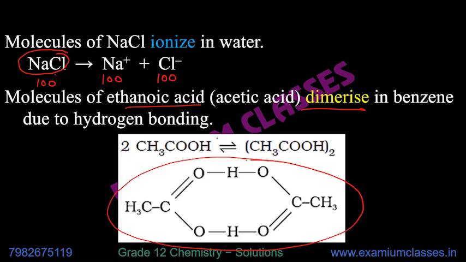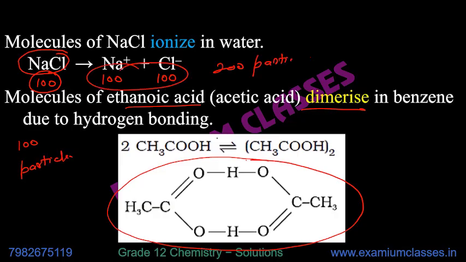Your molar mass calculations were on the basis of only 100 particles, but in reality, there are 200 particles. And colligative properties depend on the number of particles, not the nature. It means boiling point, freezing point, relative vapor pressure, and osmotic pressure will change.